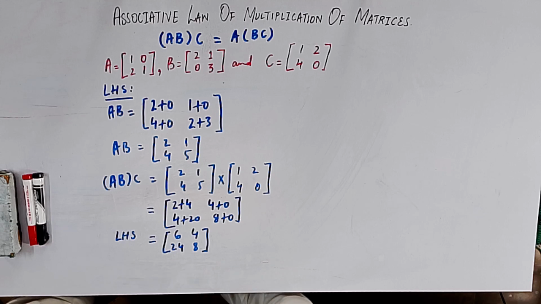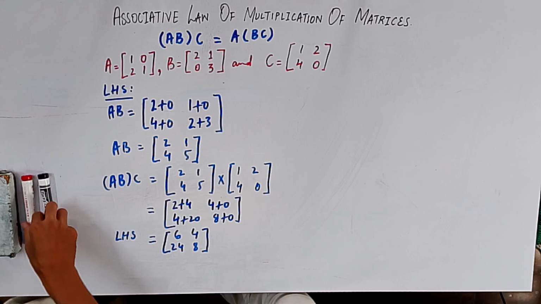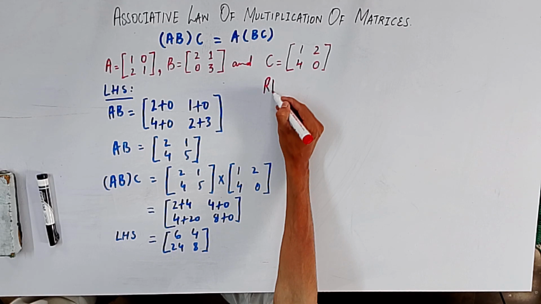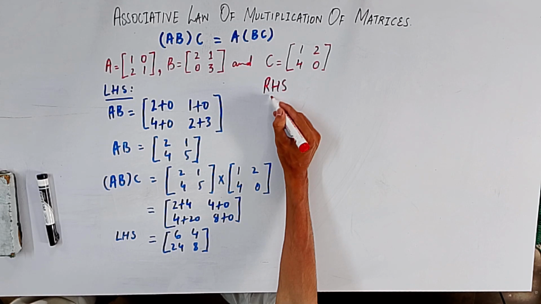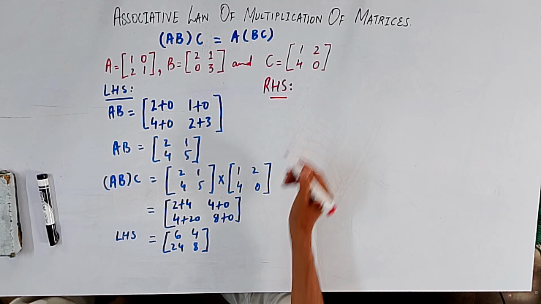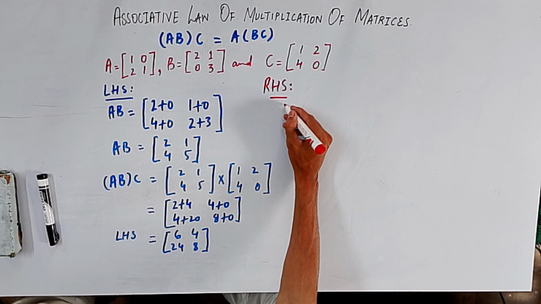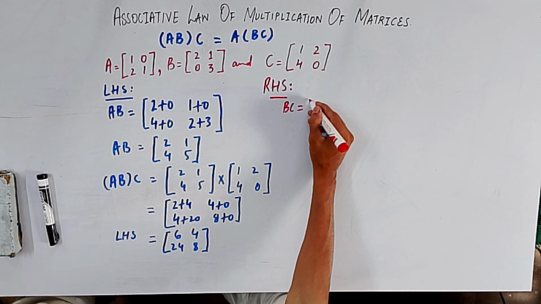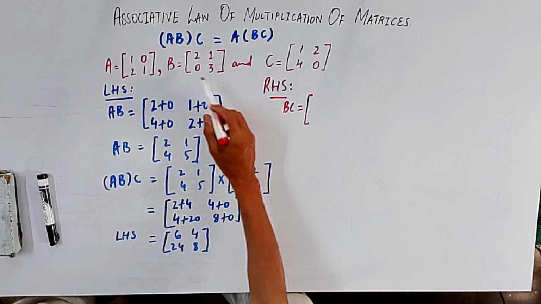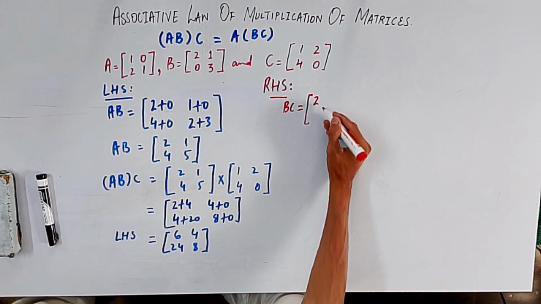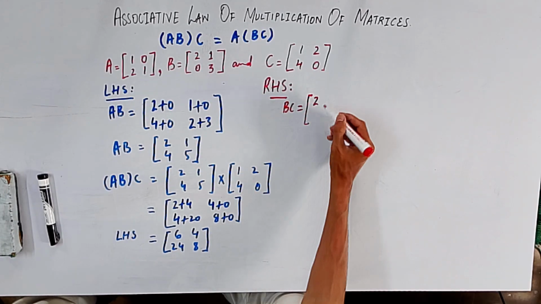Now let's do right hand side. On right hand side we have the same matrices, but the order is changed, so we need to do BC first. B multiplied by C. So 2 1s are 2, 1 4s are 4, row into column.